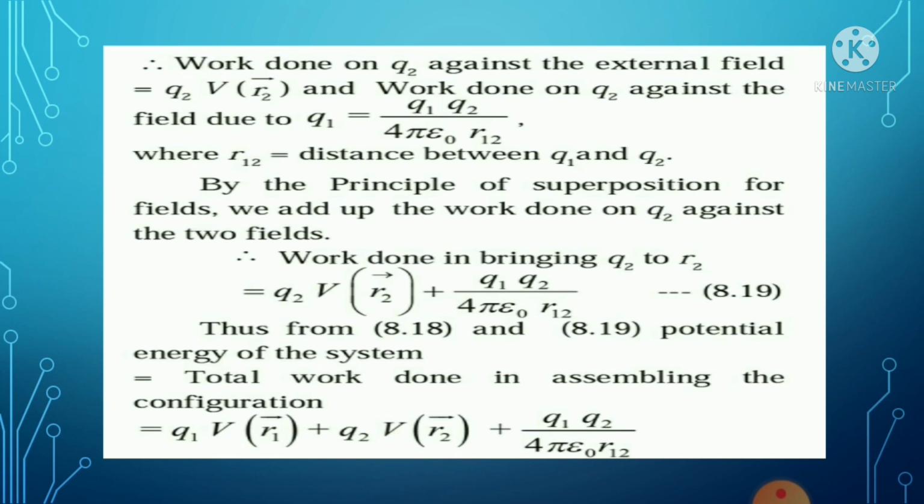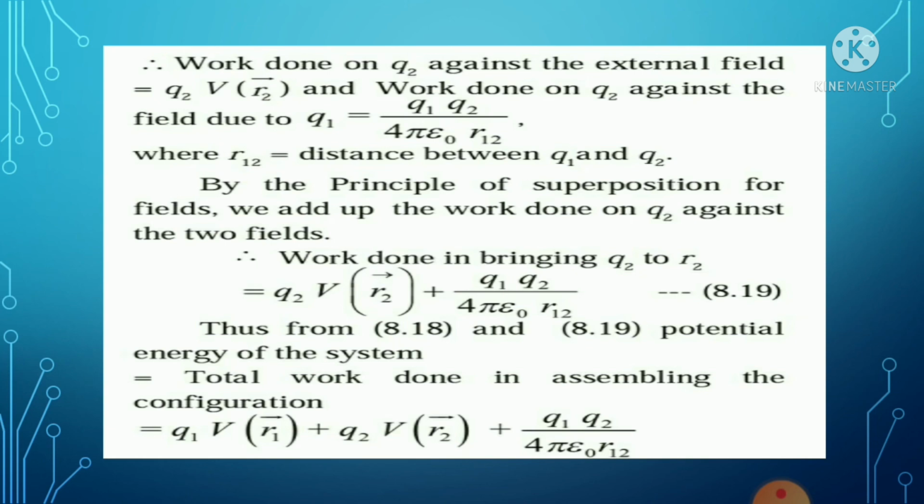Therefore, work done in bringing Q2 to R2 equals Q2 into V of R2 bar plus Q1 into Q2 upon 4 pi epsilon 0 R12, equation 8.19.